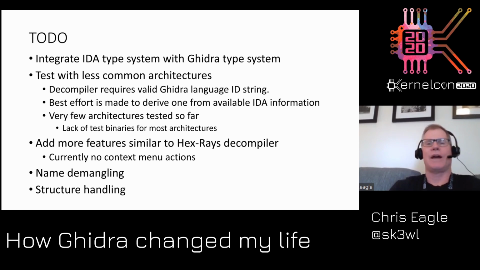There are some Motorola 68000 requests out there, I think. And most of that is me not having binaries. So if you have an architecture you're interested in and the plugin isn't quite working for you, please feel free to submit an issue on GitHub or get in touch with me, and I'd be happy to work with you as long as you can supply me with test binaries that I can use for debugging.